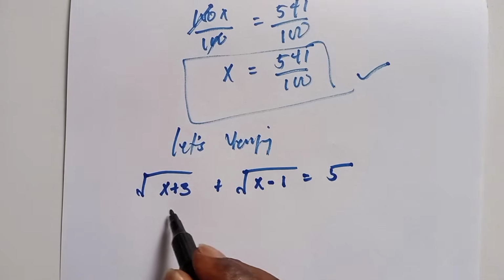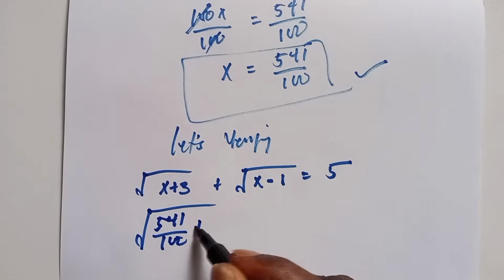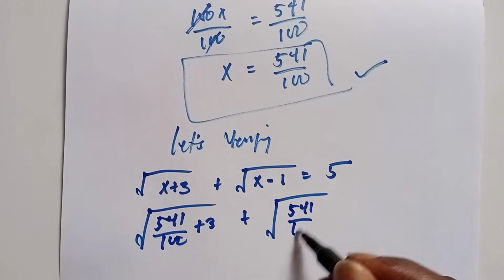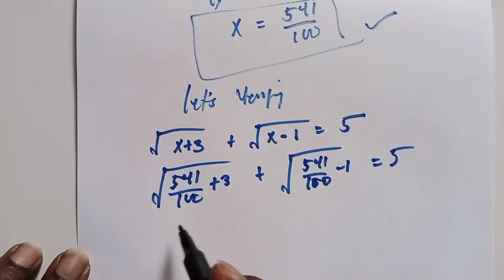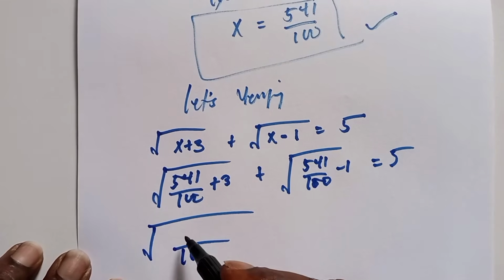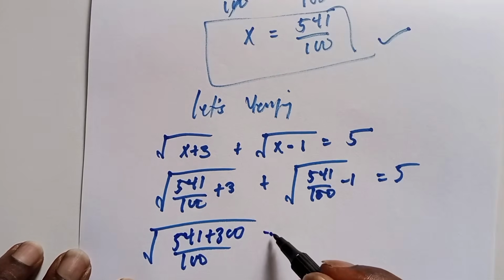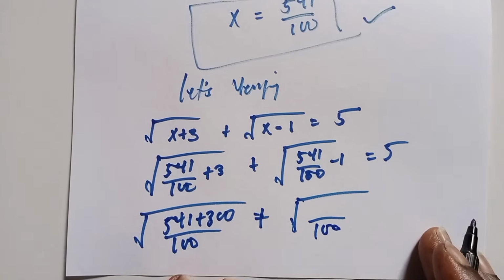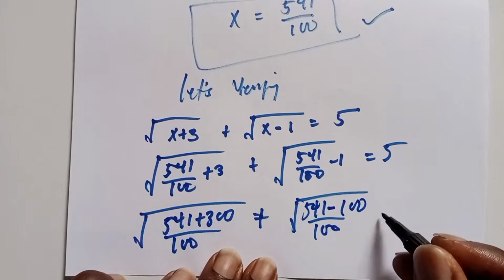So this becomes root 541 divided by 100 plus 3 plus root 541 divided by 100 minus 1 is equal to 5. So from here, this becomes root of (541 plus 300) over 100 plus root of (541 minus 100) over 100 is equal to 5.